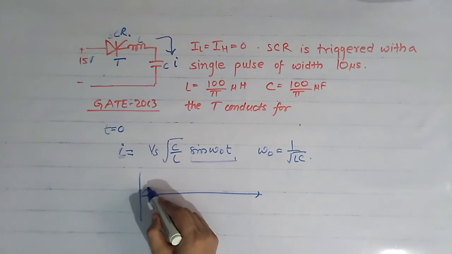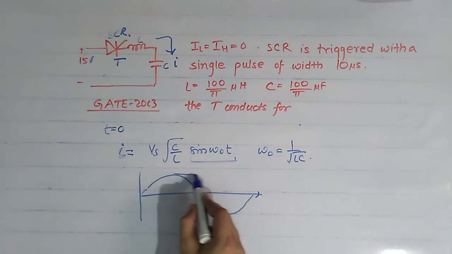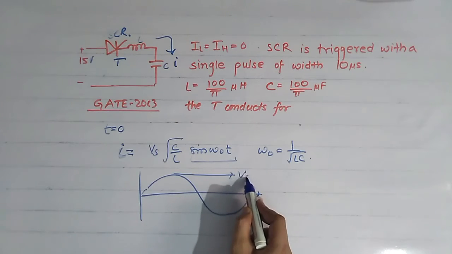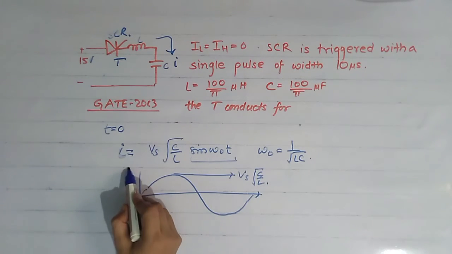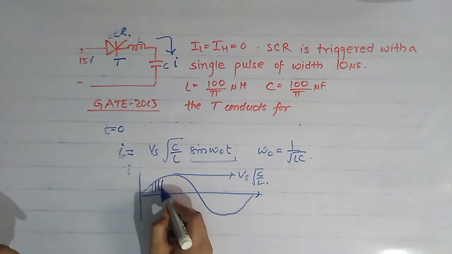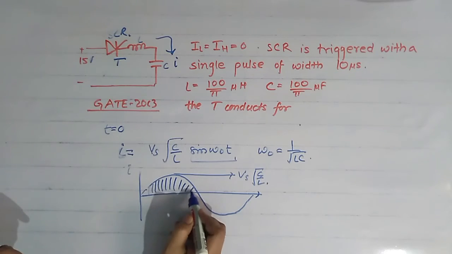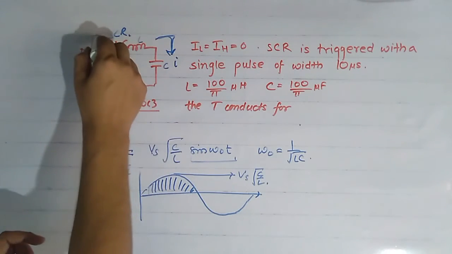Suppose this is the waveform of this current, and this is the maximum value. We know that this positive waveform means the direction of flow of current like this, from anode to cathode.